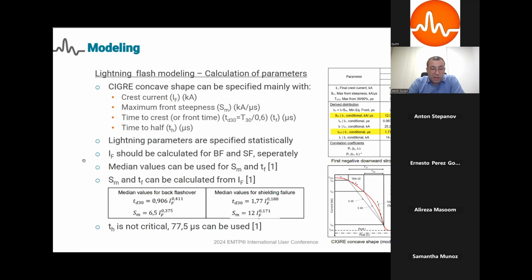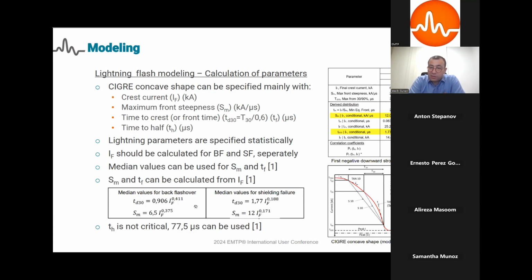So I just put here a summary of the parameters used in the simulation for back flashover cases and shielding failure cases. Front time and steepness are calculated based on the value selected for the crest current of back flashovers and shielding failures.